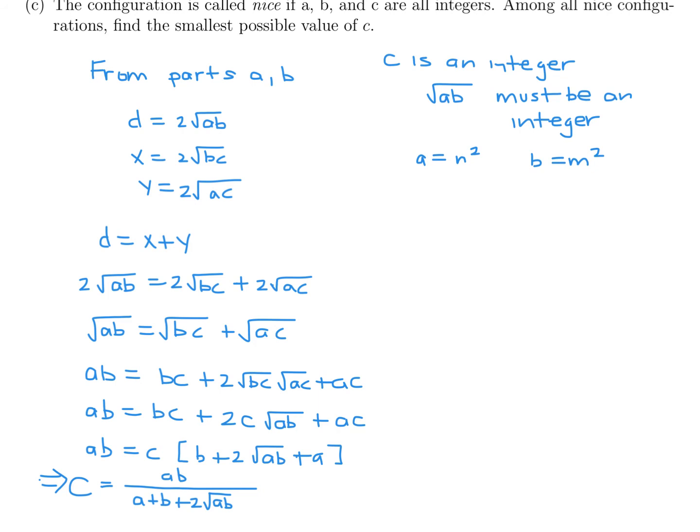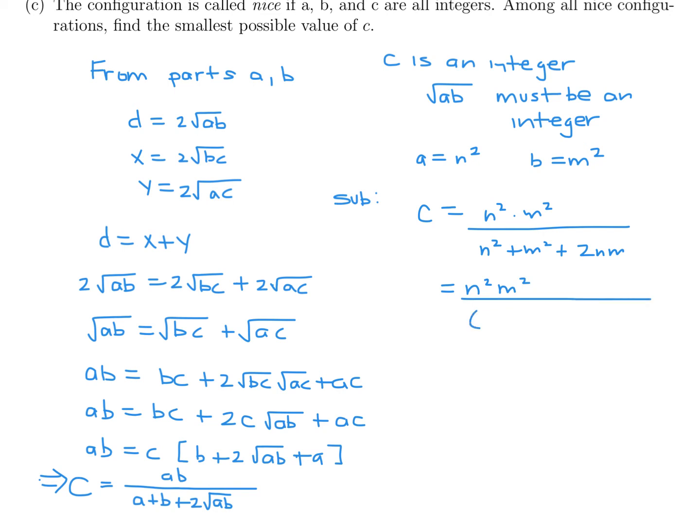If that's the case, then we can make this work. Once you substitute that in, c then becomes n squared times m squared over n squared plus m squared plus 2nm. Okay, that's fine. N squared, m squared, not much we can do there, but the denominator factors very nicely into n plus m squared. And that is c.